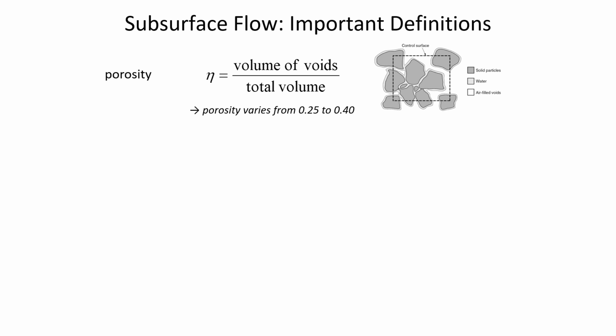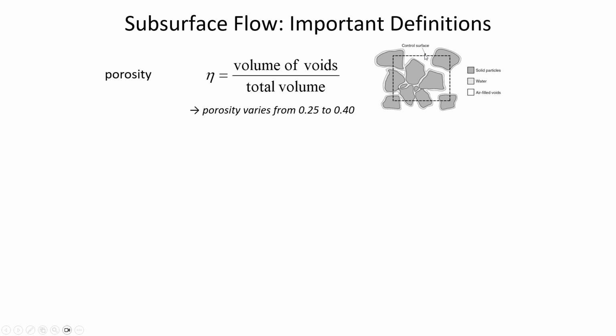When we talk about the subsurface, I've already talked a little bit about what porosity is, and remember that there are three things underground. There are the soil particles, there is water acting on the outside of the soil particles, and then there is a void that has air in it.